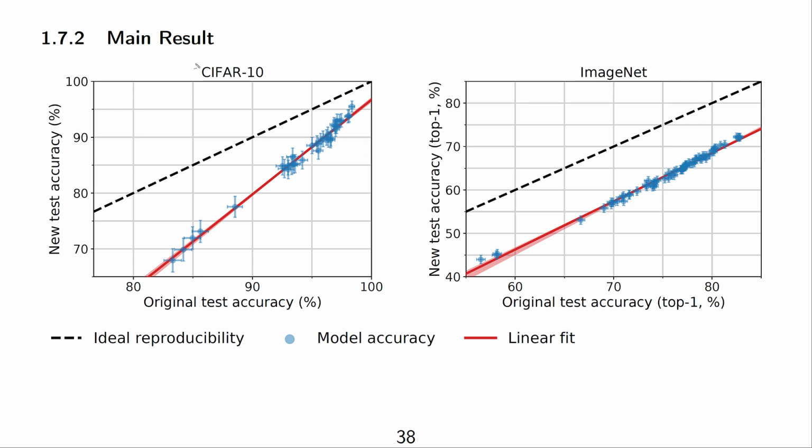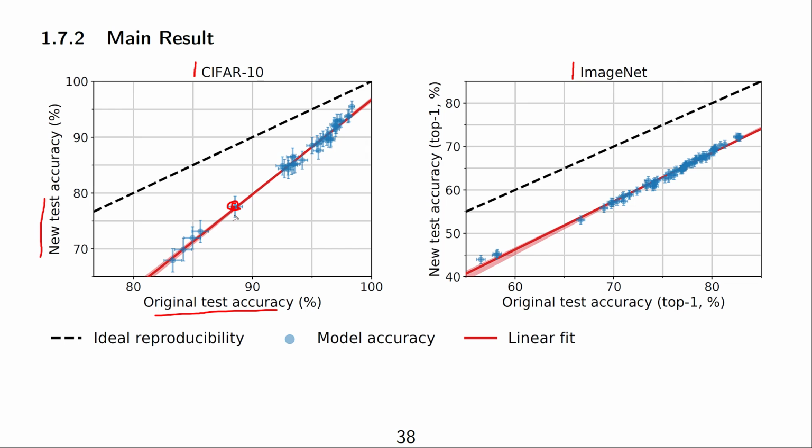Let's look at the main results shown in the paper. On the left, we see the results for CIFAR 10, and on the right, we see the results for the much larger dataset ImageNet. Each model is a data point, such as this model here, and the model has two accuracies. One is on the original test set, and the other one is on the new test set.